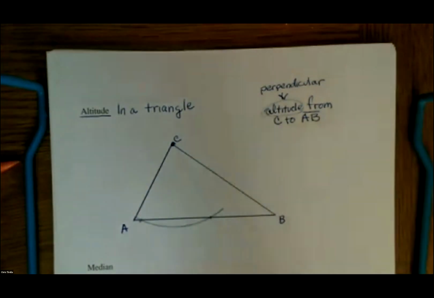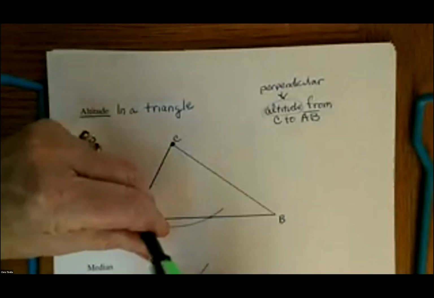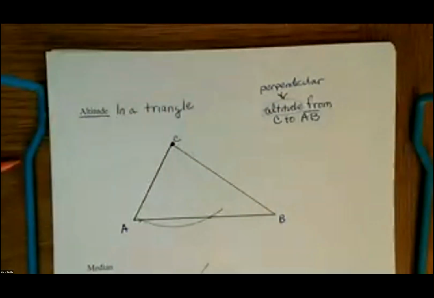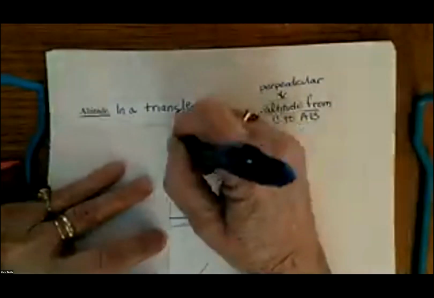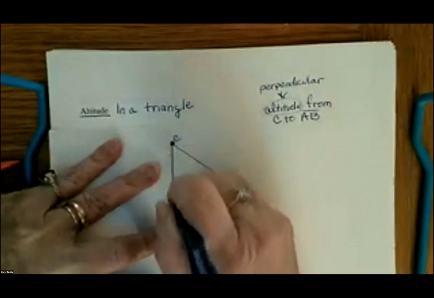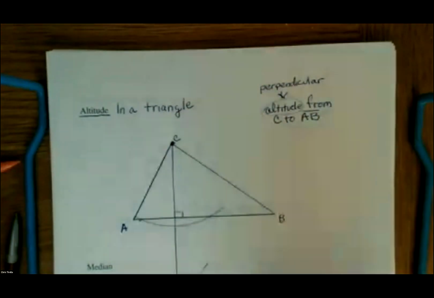And then from those 2 points of intersection, we're going to swing arcs with the same radii. And when I connect that point to the X, I should have right angles.